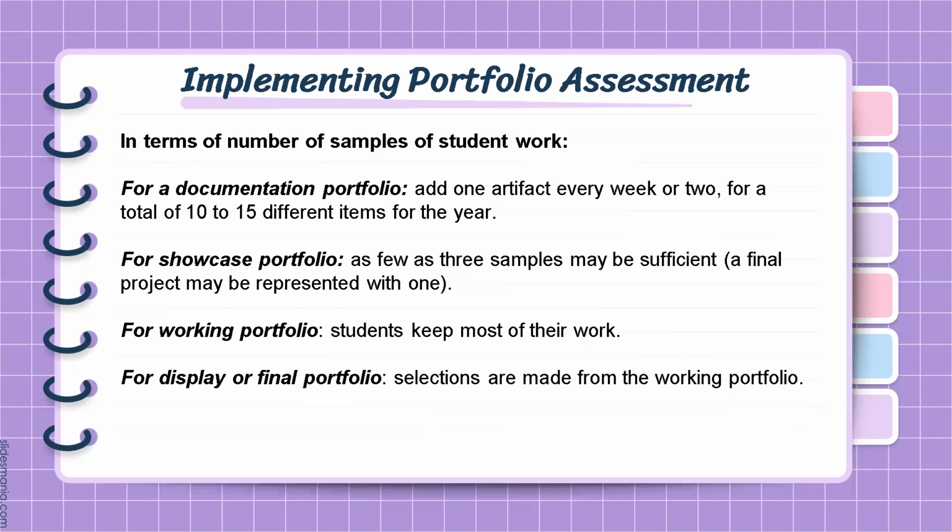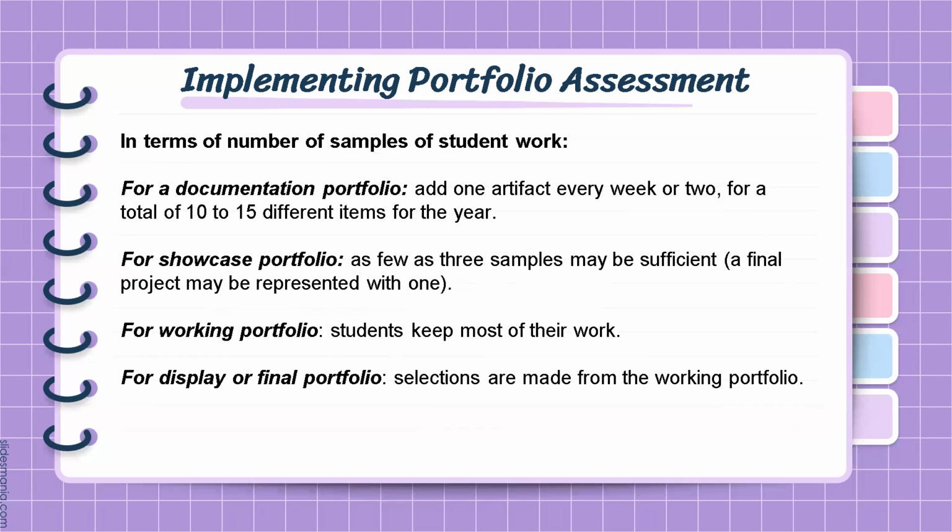In terms of the number of samples of student work, the general rule of thumb for documentation portfolio is to add one artifact every week or two for a total of 10 to 15 different items for the year.